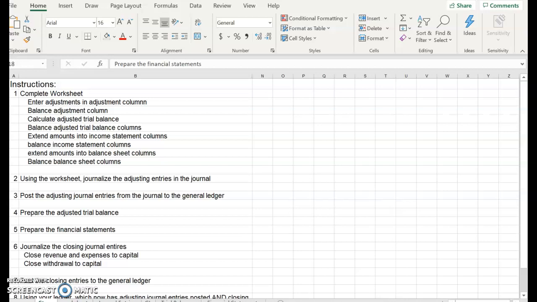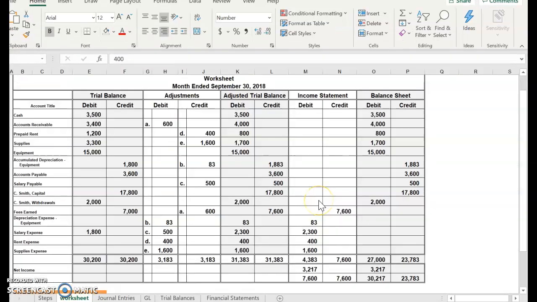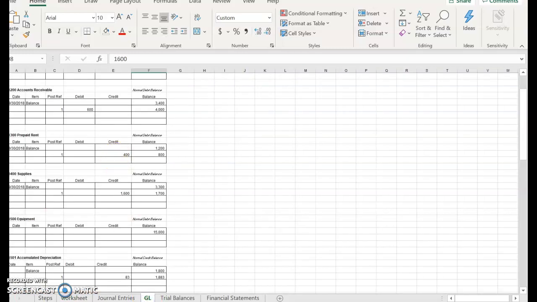So we can get our numbers from several different places. We have a draft of our numbers on the worksheet here, the income statement and the balance sheet. And those same balances can be seen here on our ledger, because this is completely up to date, so it's the same balances right here.